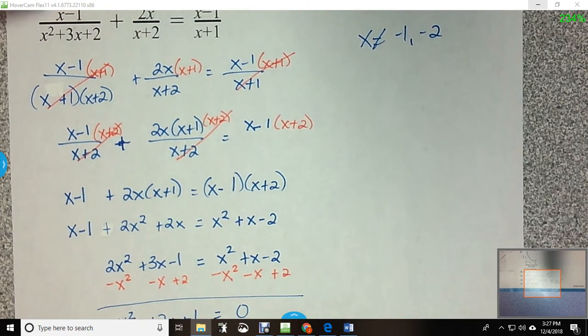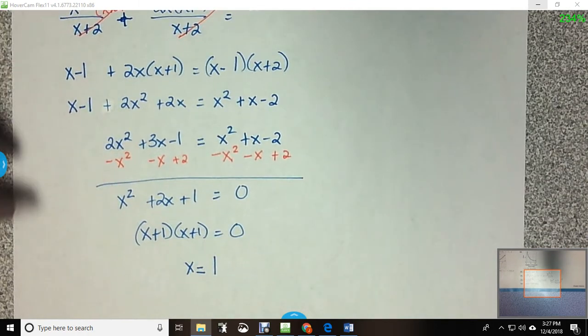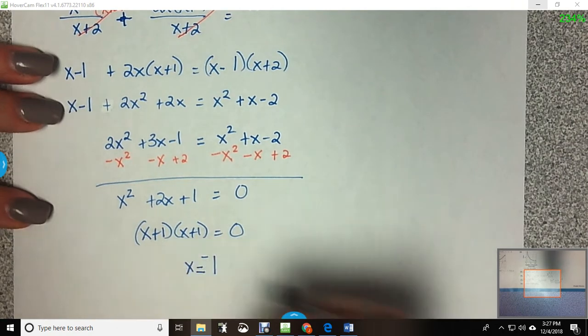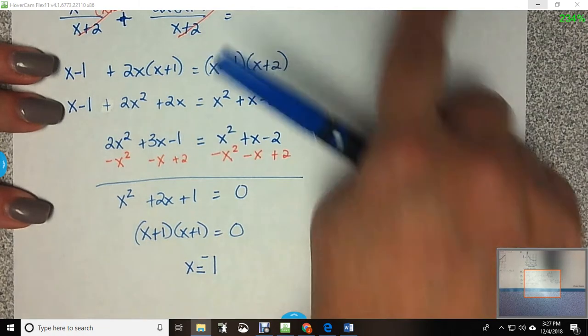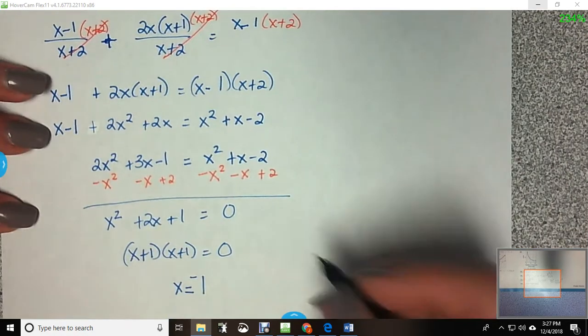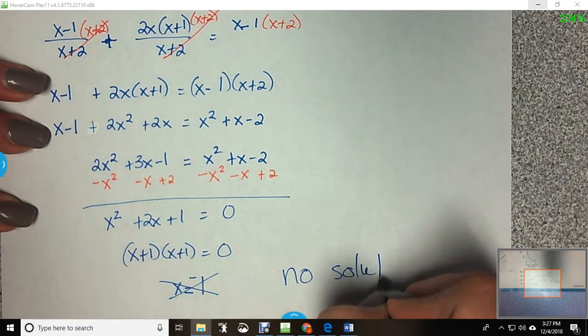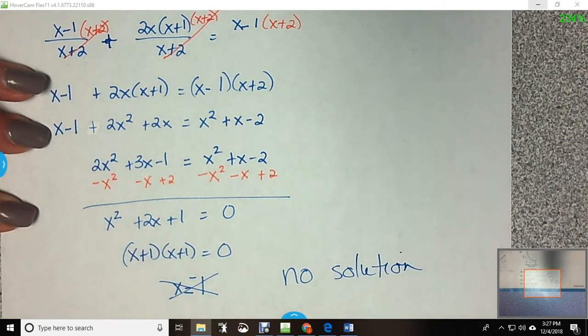So my restrictions are -1 and -2. Can my answer of -1 be okay? No. It's -1 is a restricted value, so I can't use it. So this one is also no solution.